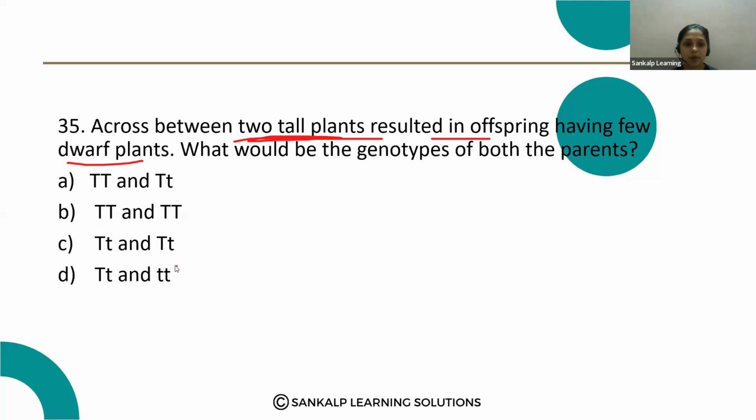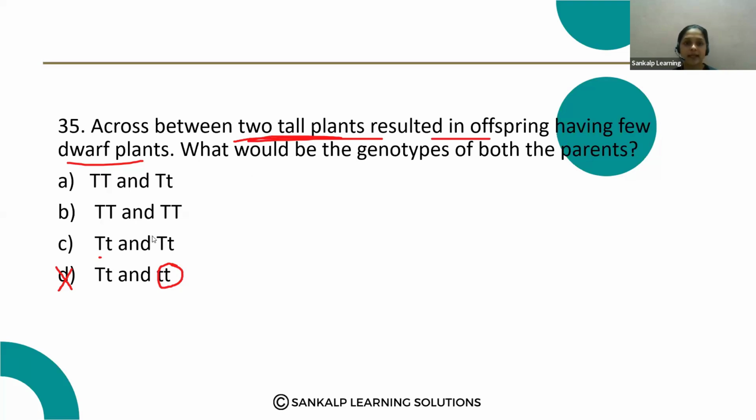Two tall plants means this is not a tall plant, this is a dwarf plant, so I will not take option D. See the options: capital T, small t here, both are capital T here, and capital T, small t here. Option D is not possible because it is not a tall plant.